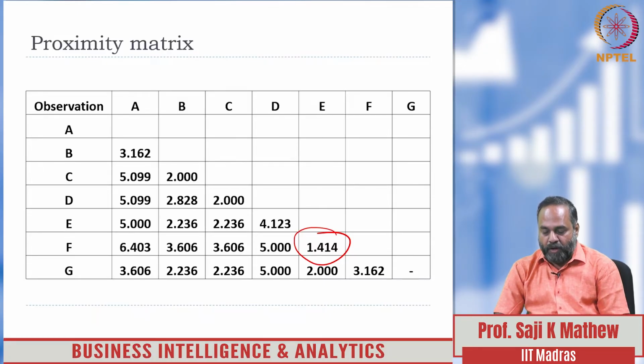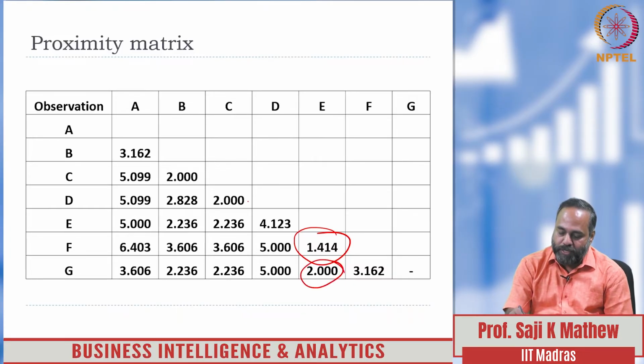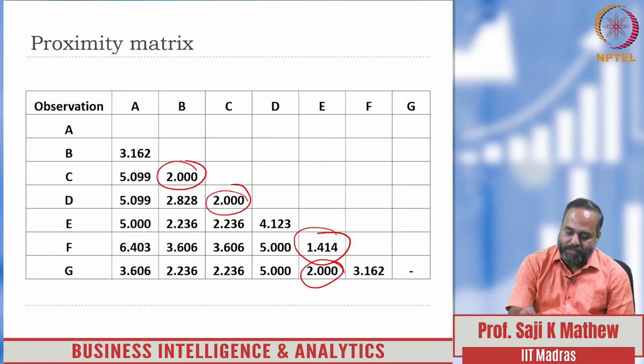So 1.414 is the shortest distance, so we say E and F are very similar, and they can be grouped together. They should be part of one cluster. And next, what is the shortest distance? You see there is a value 2 here, 2 here, and 2 here.